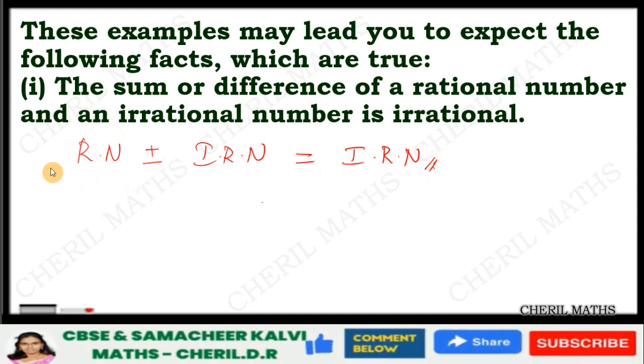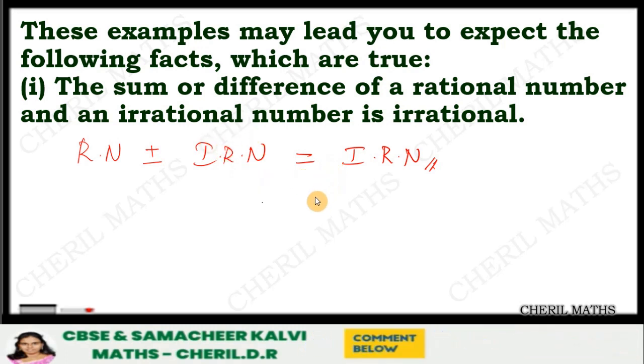So when you add or subtract a rational number and an irrational number, the answer will always be an irrational number.